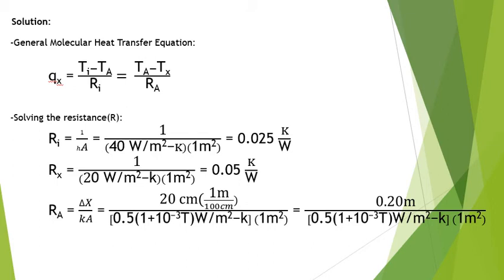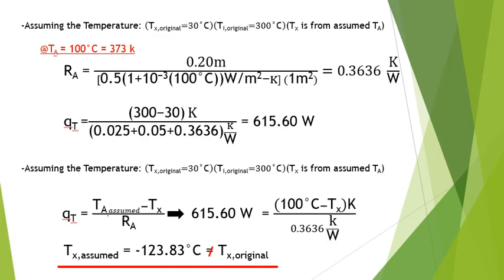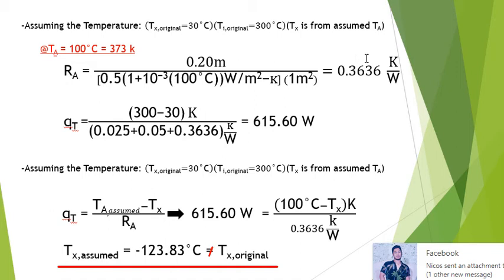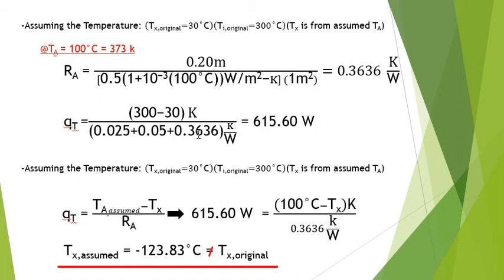Since we don't know the temperature in the wall, we assume a value for it by substituting the assumed value into the equation for R_a, and substituting the value of R_a into the total heat transfer equation, which is the temperature of the hot air minus the temperature of the cold air over the total resistance, which is 0.025, 0.05, and 0.3636.